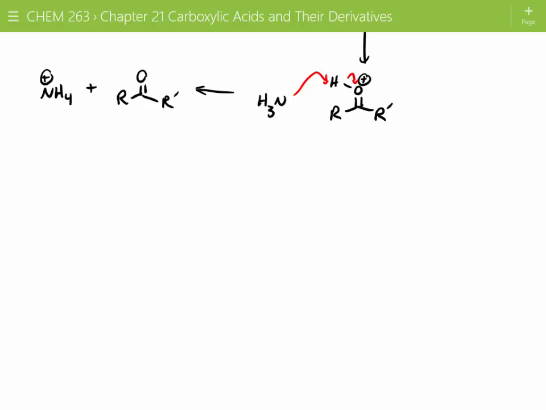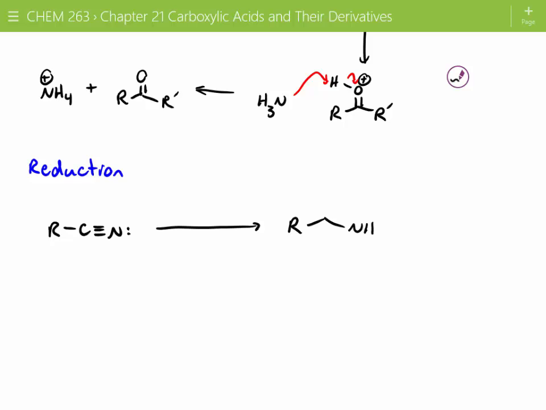And this is reduction. So if you take a nitrile, just like with amides, you can convert this to a primary amine. And with amides, what reagent did we need?